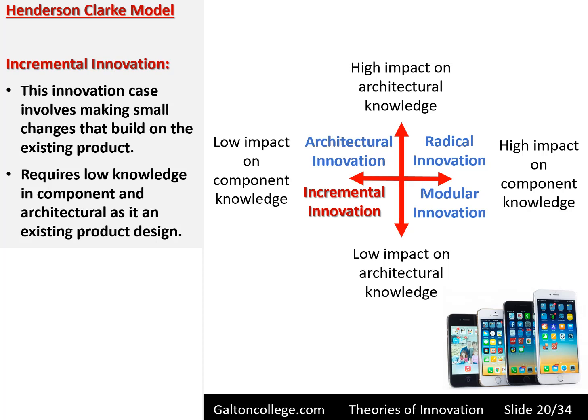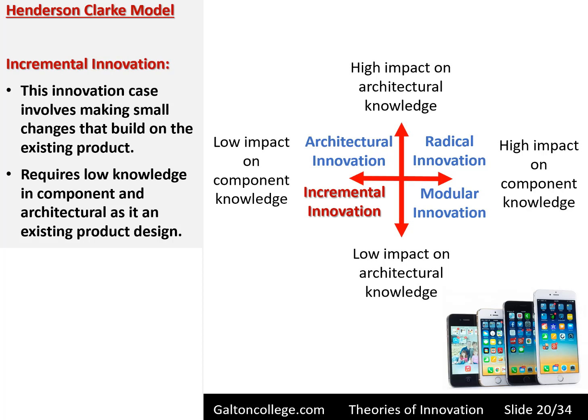It requires low knowledge in component and architectural, as it is an existing product design. The design of the product hasn't changed. It's been tweaked. Gradual changes have been introduced, small changes have been introduced, new components have been added or improved. But overall, the product looks the same, has the same feel, except it's got this extra small dimension.